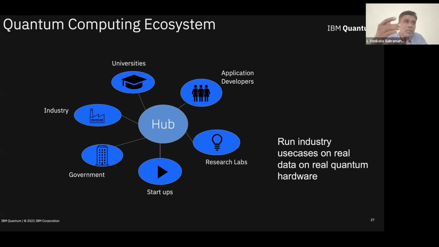Like I told you, there are several industry problems that people have started looking at. As a student, you can come to these hubs and pick up the skills.